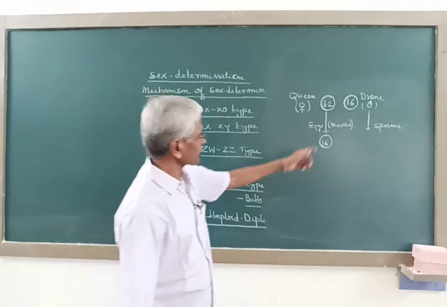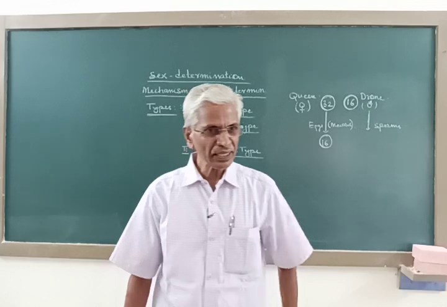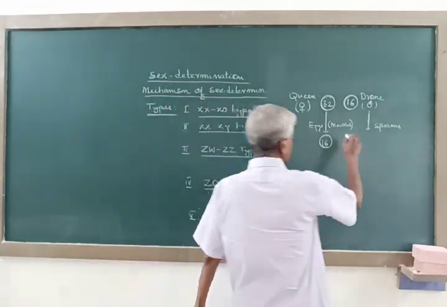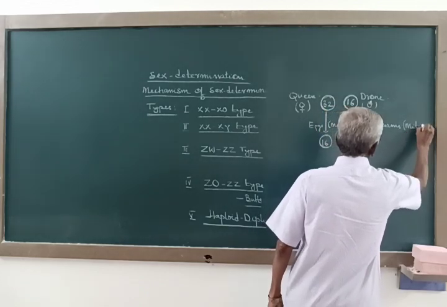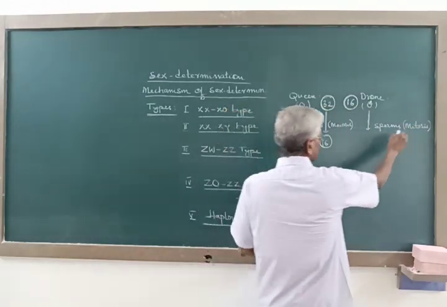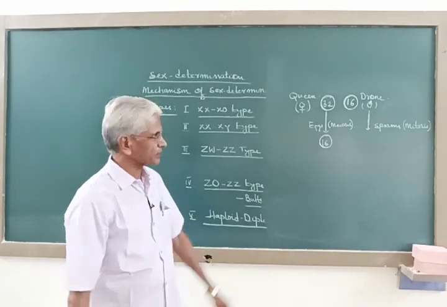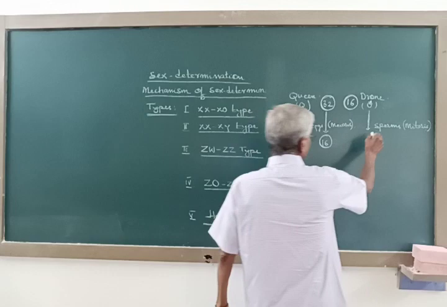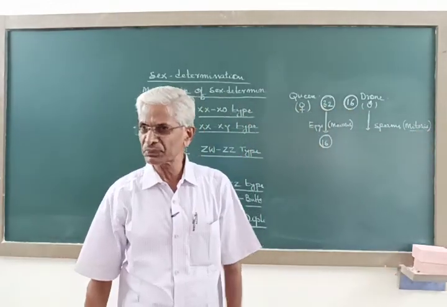It is not the usual process of meiosis, but is produced by mitosis, equational division, because mitosis produces new cells with the same number of chromosomes.